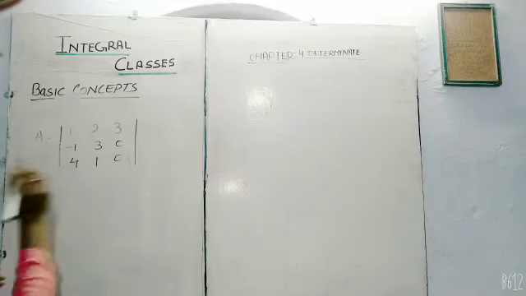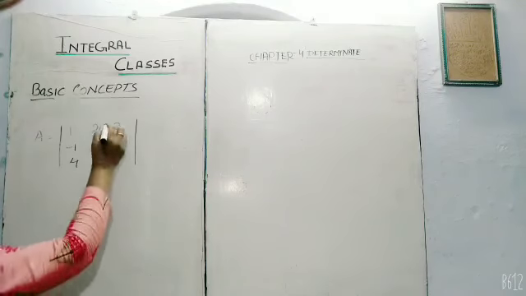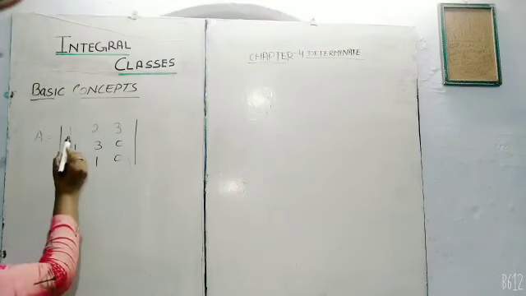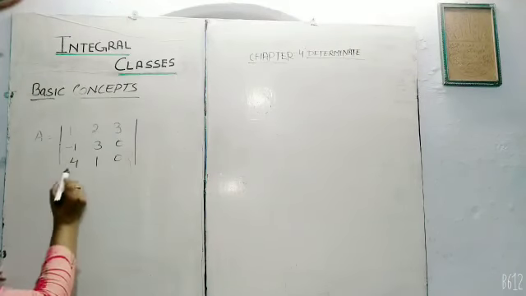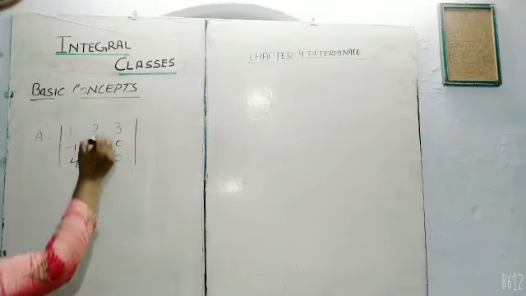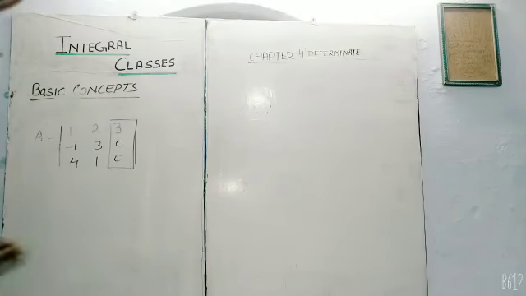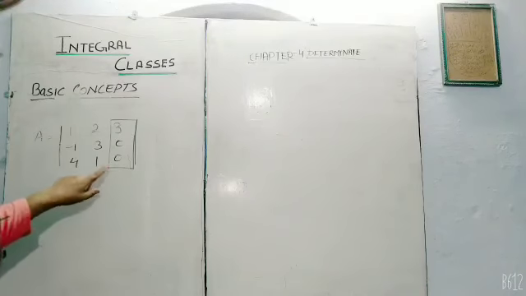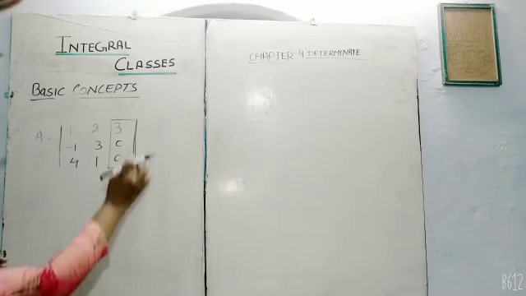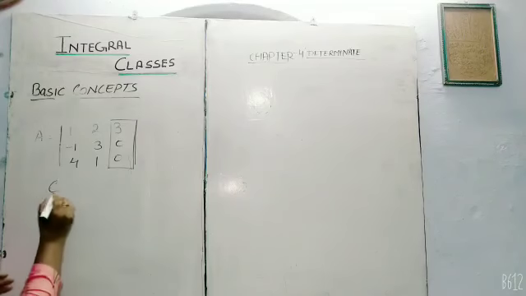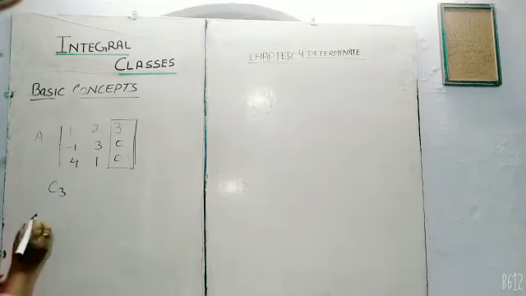Which column contains the maximum zeros? Here there is no 0, here is 1, here is 1. But in the third column, how many zeros are contained? 2 zeros. So we expand along the C3 column, and we will get the solution very easily.